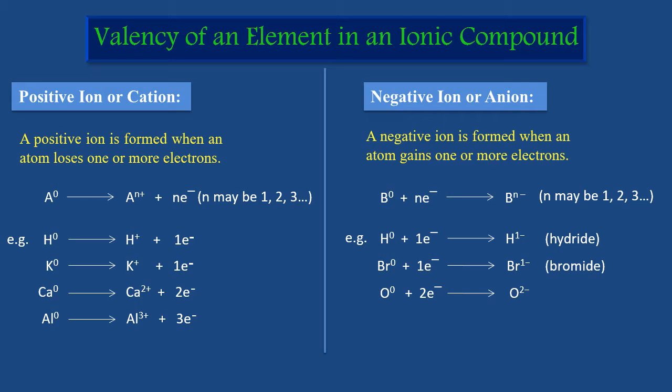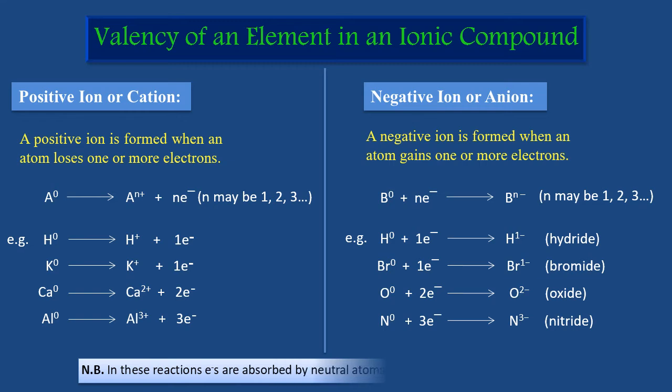Similarly, oxygen atom gains 2 electrons to form oxide ion, whereas nitrogen atom gains 3 electrons to form nitride ion. So valency of hydrogen in hydride ion is -1. Valency of bromine is -1. Valency of oxygen in oxide ion is -2. And nitride has a valency of -3.